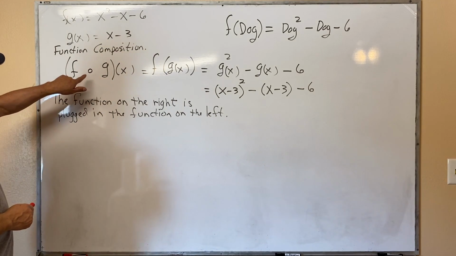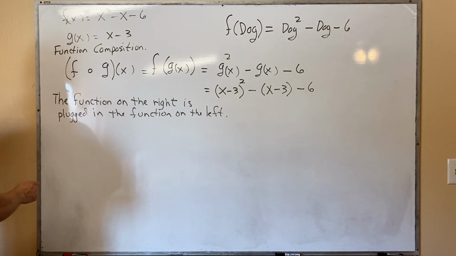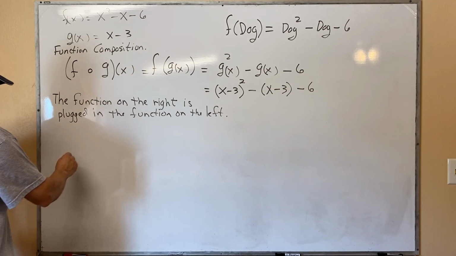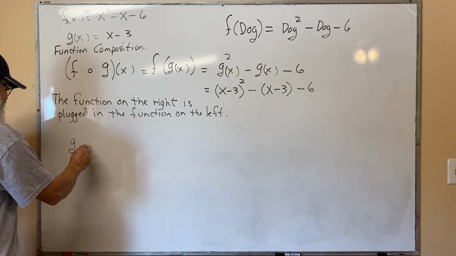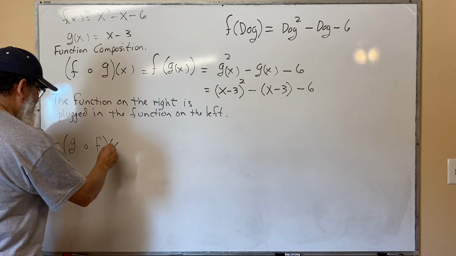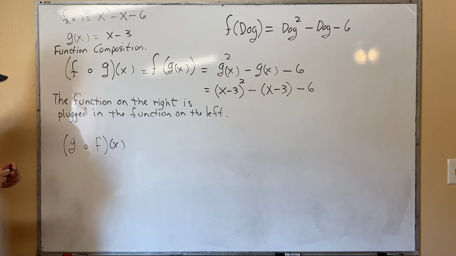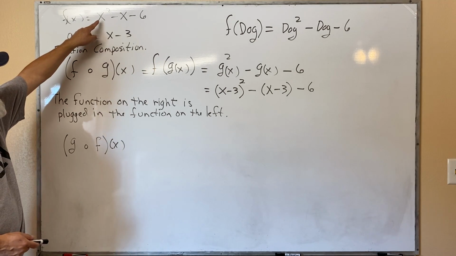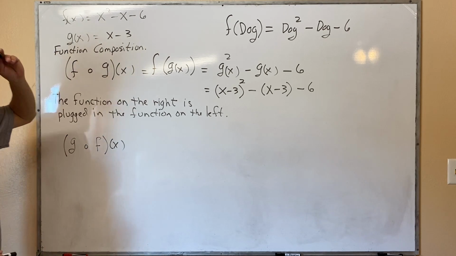I got f of g of x. Can you get g of f of x, where g is x minus 3 and f is x squared minus x minus 6?